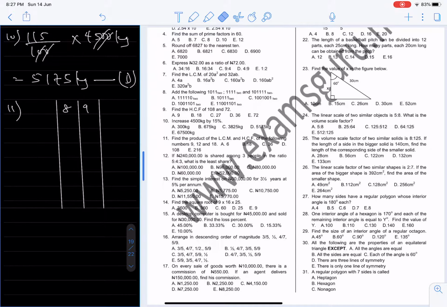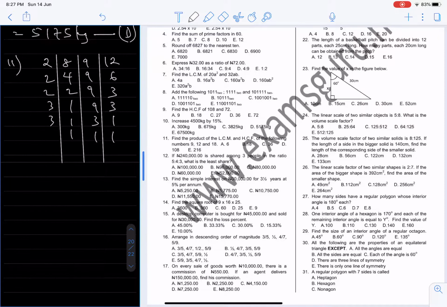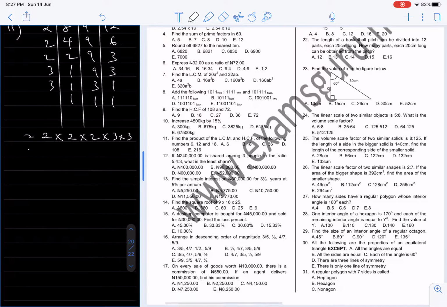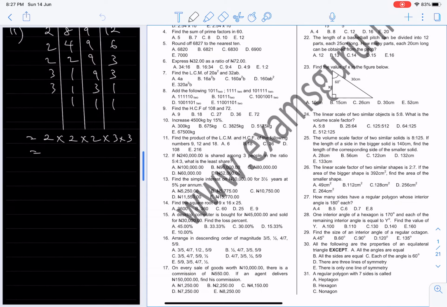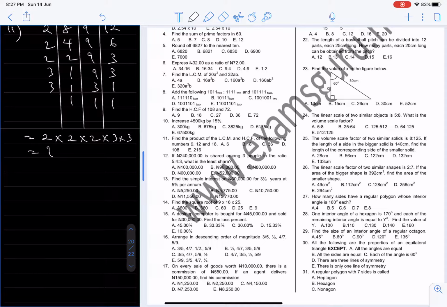The LCM is 2 times 2 times 2 times 3 times 3, which is 2 times 2, 4 times 2, 8 times 3, 24 times 3, 72. So LCM is 72.